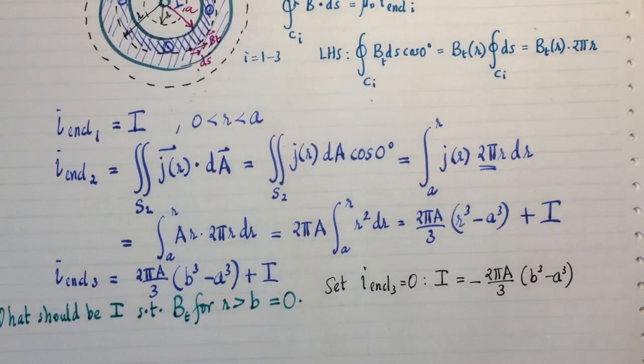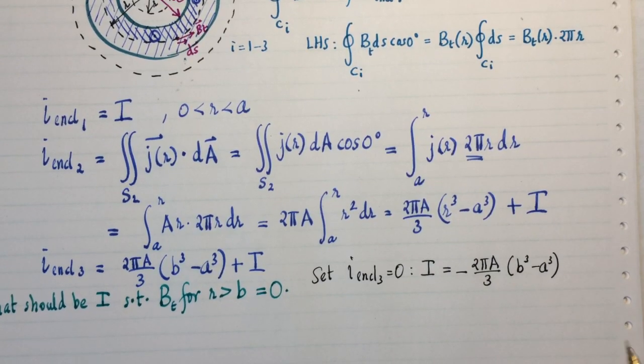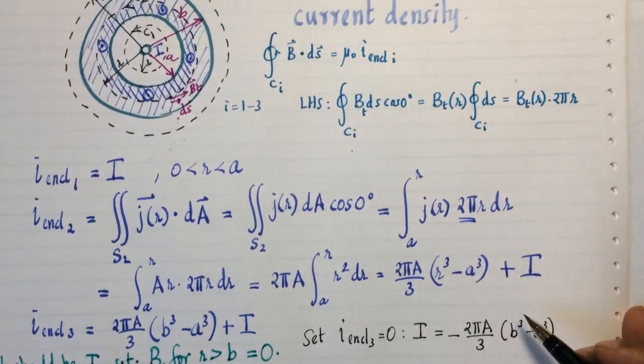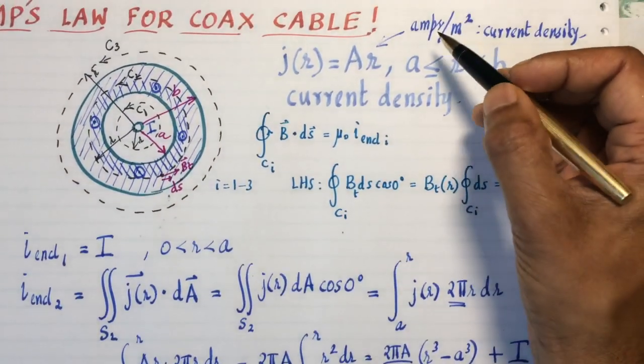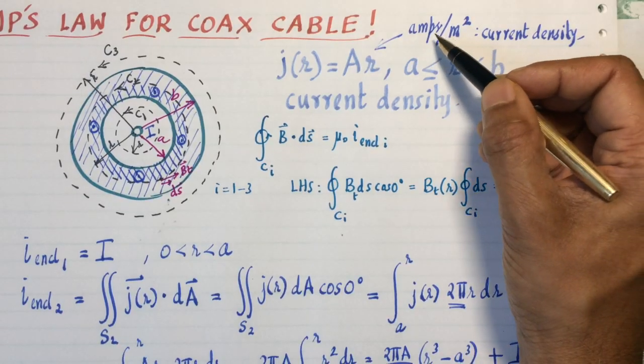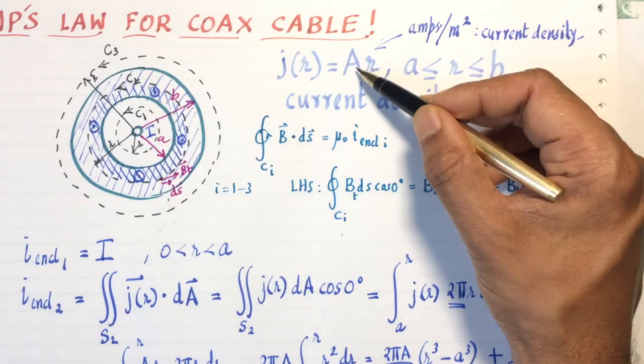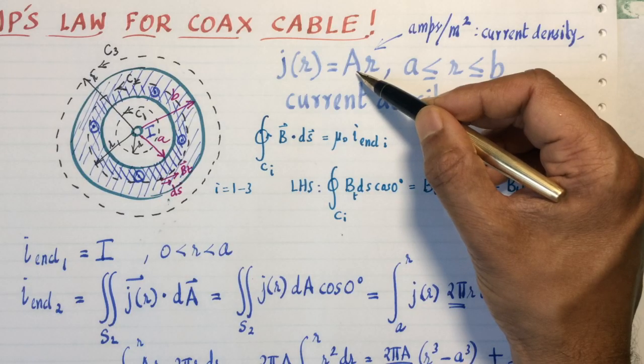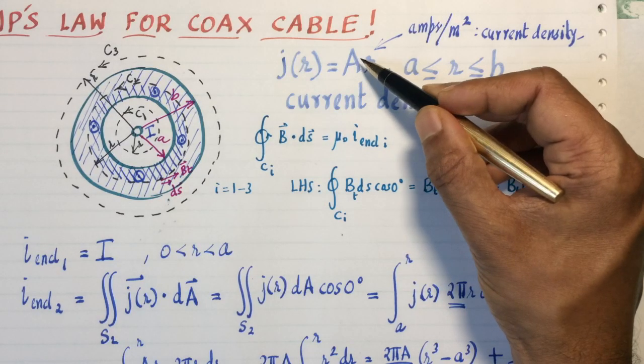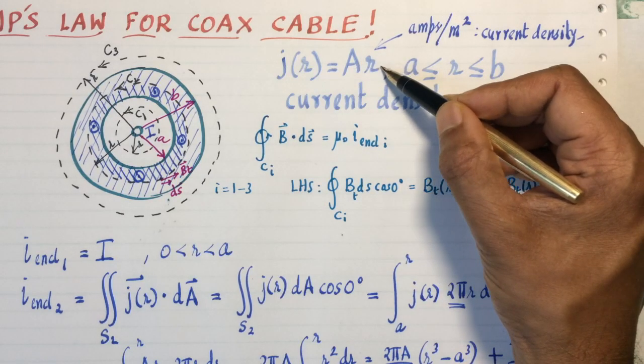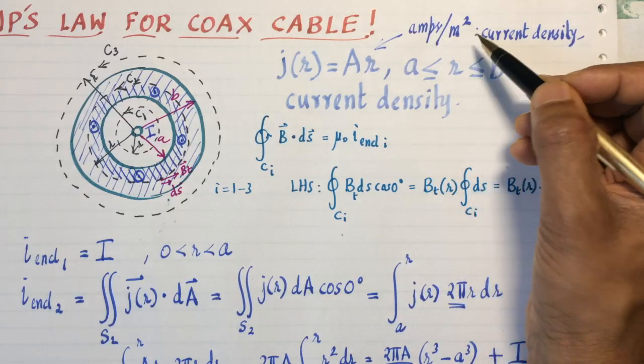Let's just make sure that the units are good here. If the units of J are in amperes per meter squared, it means that the units of A must be amperes per meter cubed, because amperes per meter cubed times meters is amperes per meter squared.